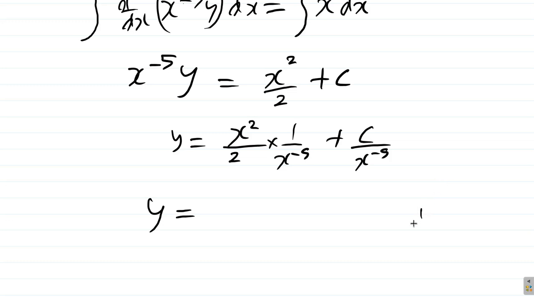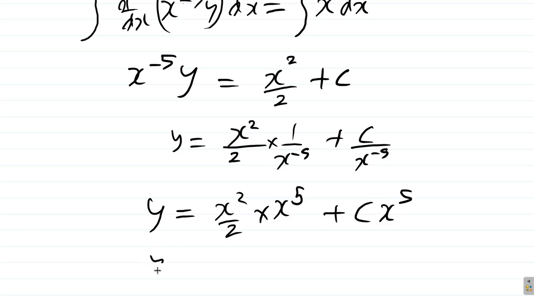For example, 1 over x squared is the same as x to the negative 2, and so on. So this is x squared over 2 times x to the 5, because negative 5 becomes positive 5, plus c x to the 5. So y equals x to the 7 over 2 plus cx to the 5. And that's your answer here.